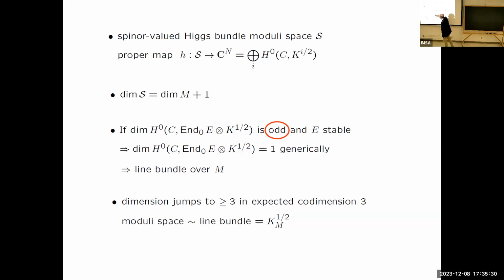So M always has a spin structure, and in fact it's this. This identification is via Grothendieck-Riemann-Roch, and the fact that the Picard group is just Z for these moduli spaces.